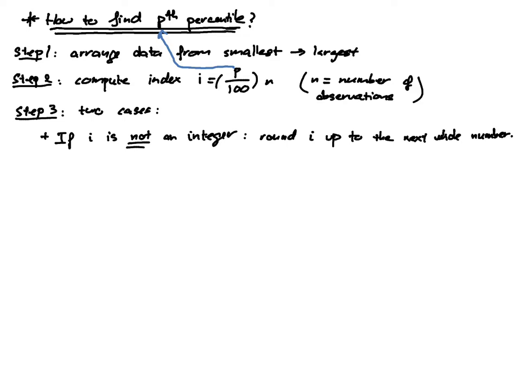And then the number that you round up to marks the position of the p percentile in the data set.